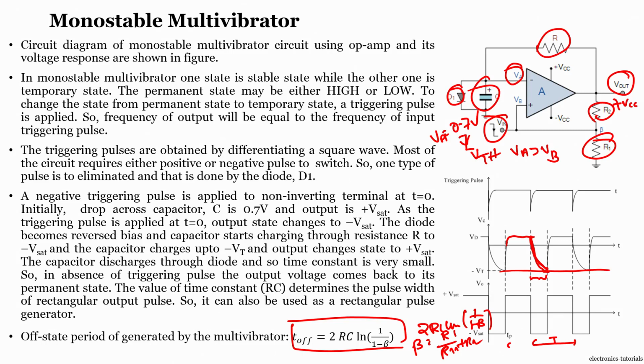In this case you have to consider from the lower threshold to VD, which is 0.7. What is the time it takes? If we can calculate that, this gives us the complete on time. And if I know at what frequency this is switching on and off, we can understand the complete frequency. Clear? So this depends upon the capacitor value and the beta value, whereas this value depends upon when we are giving this peak.